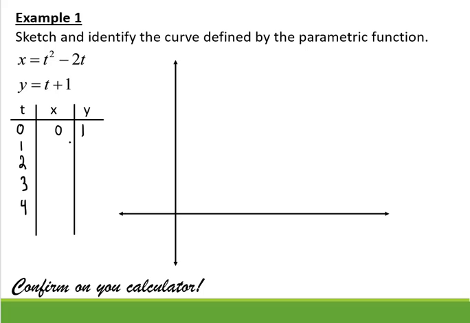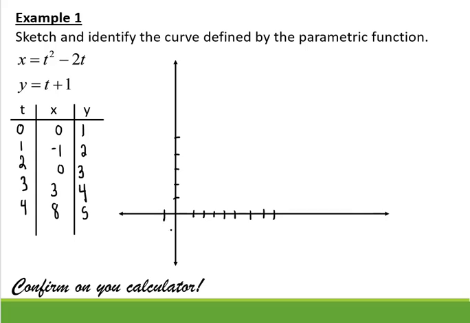Actually, I'm going to get all of my points so that I know what to make my scale. It looks like my y scale goes up to 5, my x scale goes all the way to 8, and I have some negatives in there.